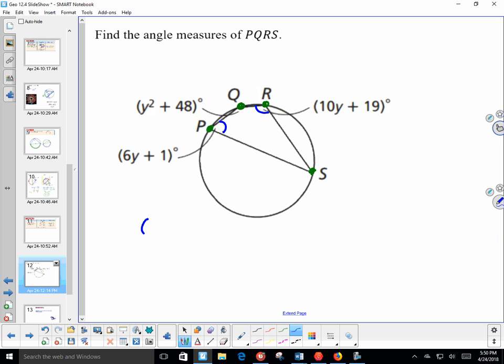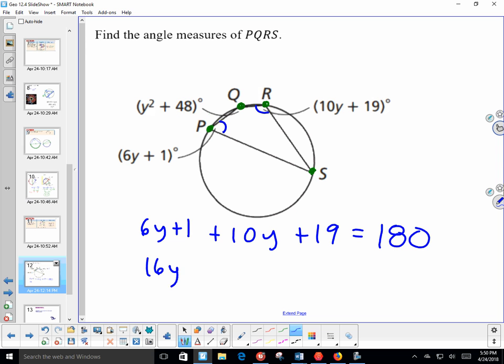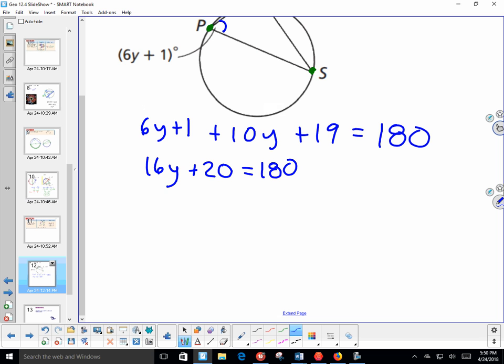So I can set up 6y plus 1 plus 10y plus 19 equals 180. And let's solve. That gives me 16y plus 20 equals 180. And then I'm going to subtract 20 from both sides.